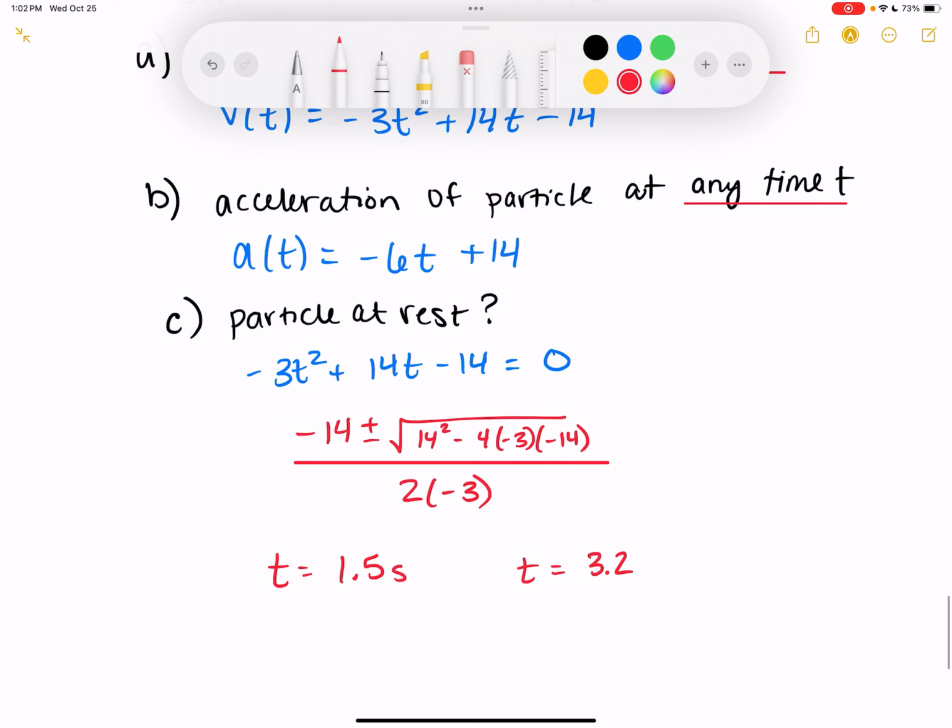Let me do positive. It is. Those are the two answers. I don't know which one's supposed to produce what, but I clearly see that y'all got both of them. Divided by 2 times 3. Yeah, I got 1.5 for positive.